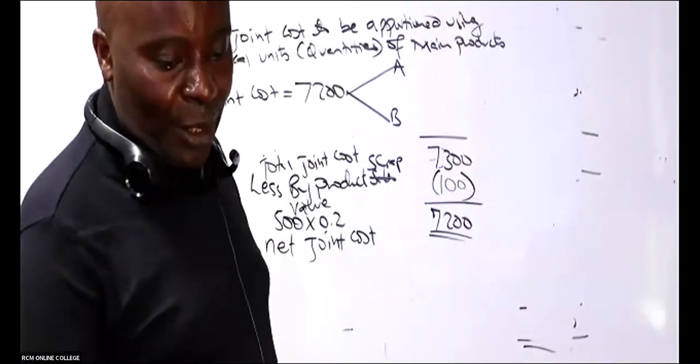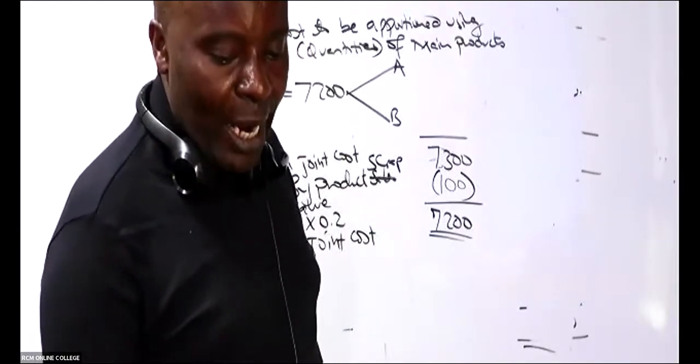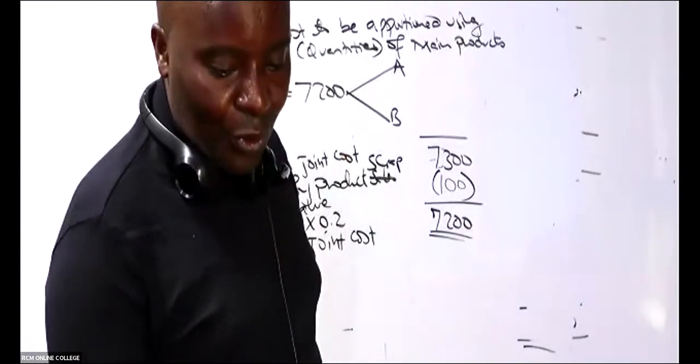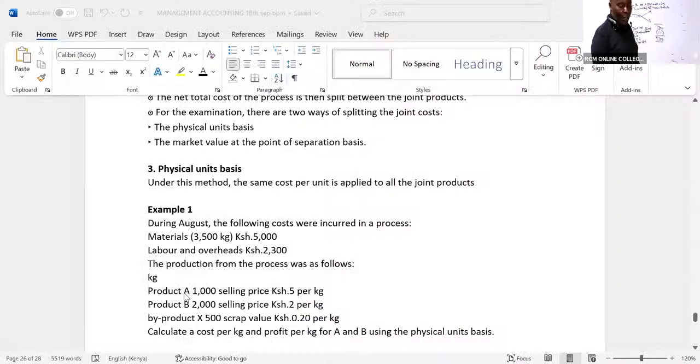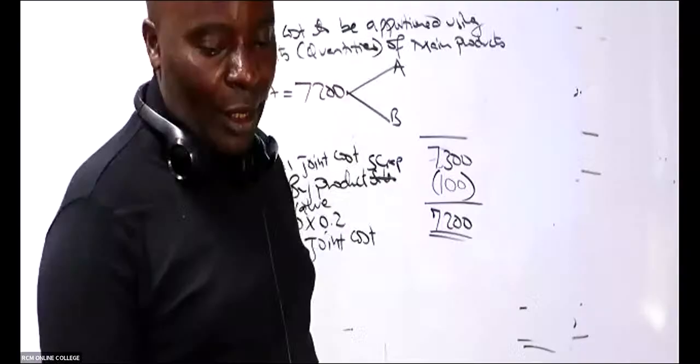And these two main products, A and B, do we have their physical units? Yes. On this physical units basis, product A is 1,000 kilograms. B is 2,000 kilograms.